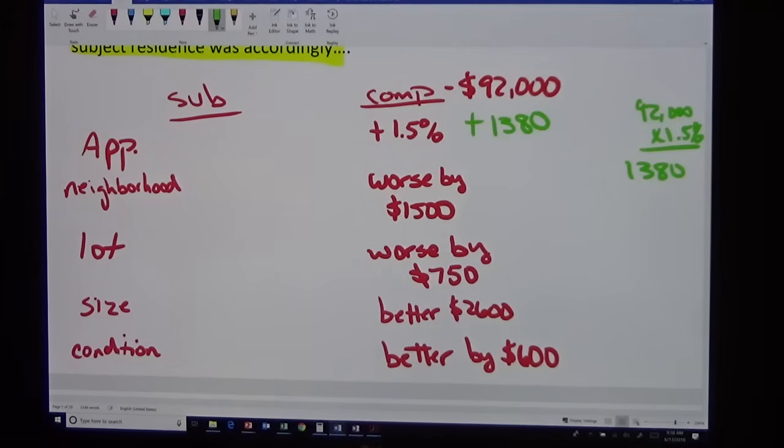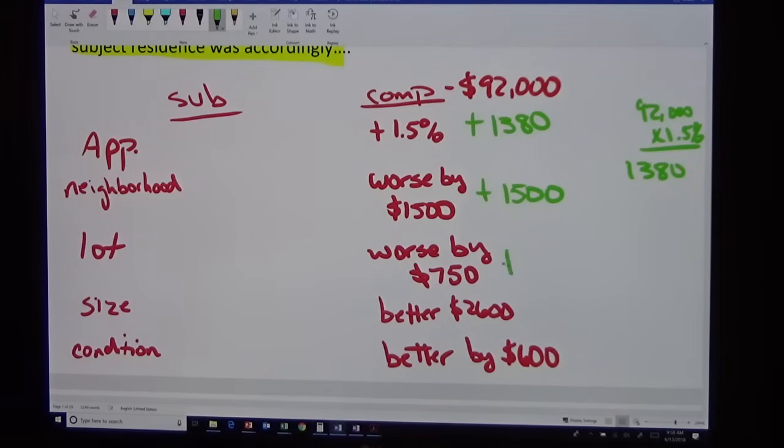The next adjustment we come to is the neighborhood, and it says the comp is worse by $1,500. So that means we need to bring the level of the comp up. We need to adjust up. Remember, you're always adjusting back to what your subject property is. So we need to go up by $1,500 for the neighborhood adjustment. The lot, the comp is worse by $750.